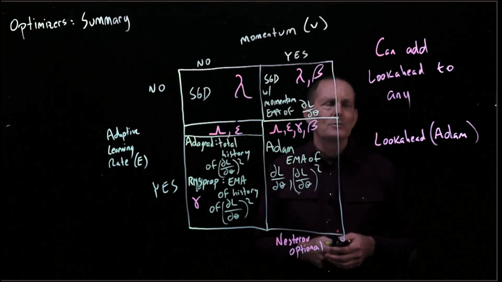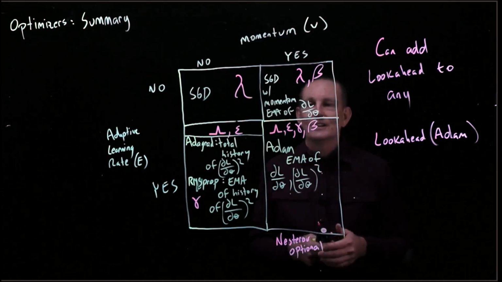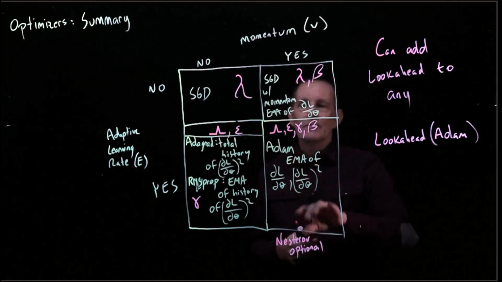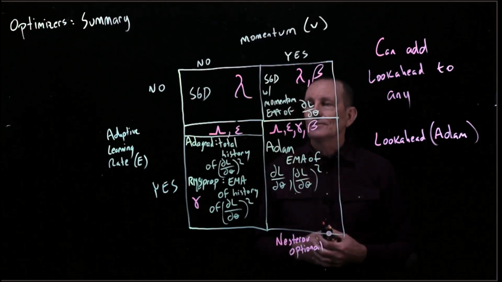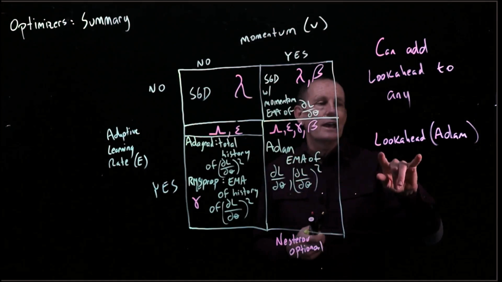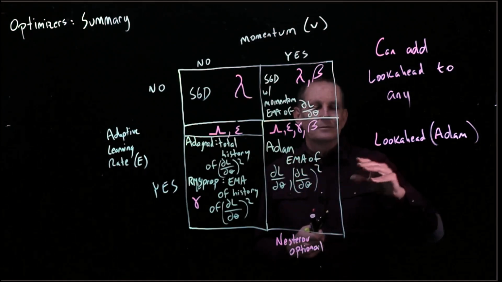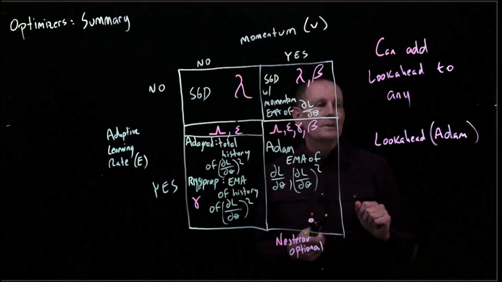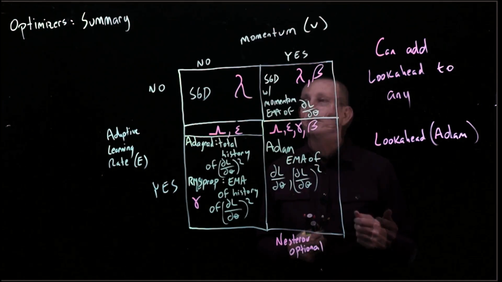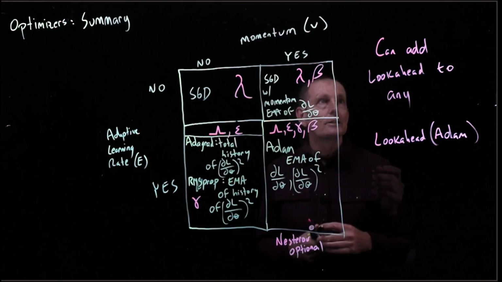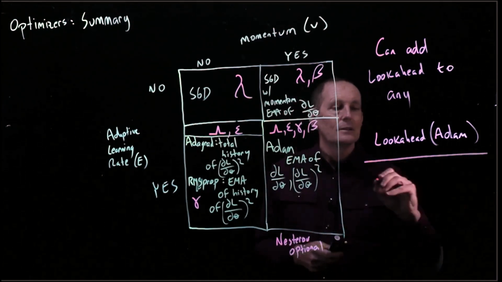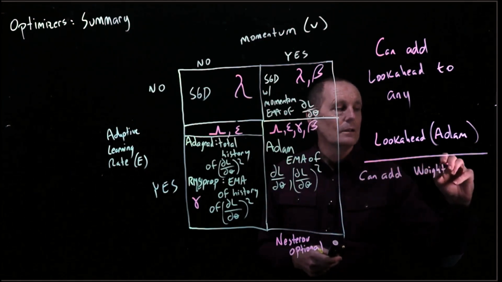The only other thing to remember is we do have some particular names. Adam plus Nesterov is NAdam. Look ahead plus a rectified Adam is Ranger. The other one we actually have in here, we can add weight decay.